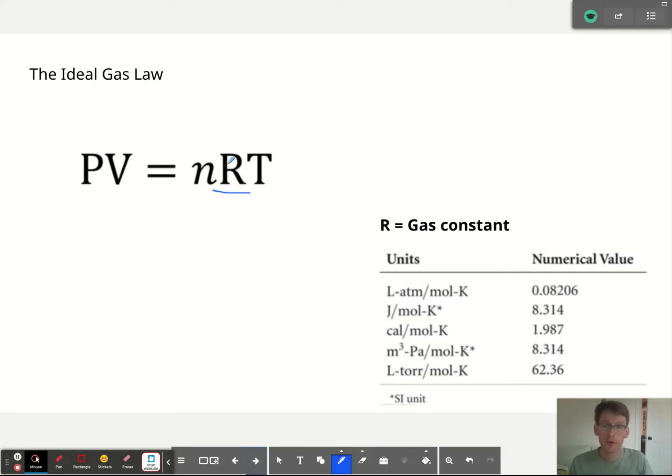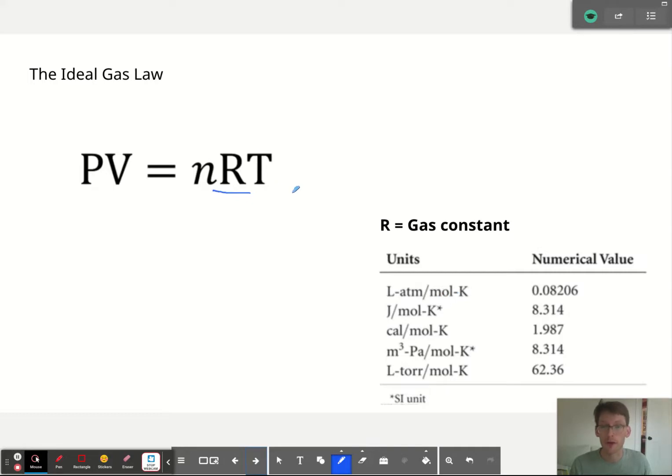Our value of R and the units of R will change according to what units I'm using. If our units of volume are liters and our pressure is atmospheres, then this is the value: 0.08206 liters atmospheres per Kelvin mole.